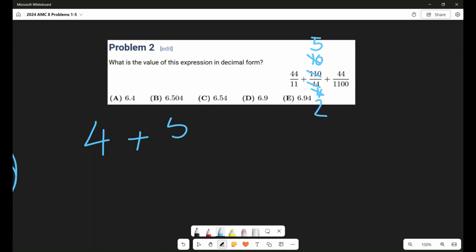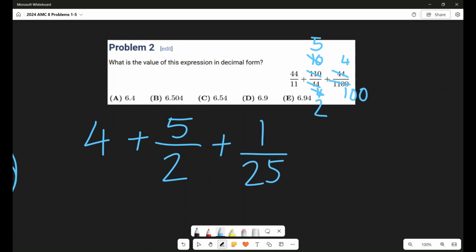So it's 4 plus 5 over 2 plus, and we want to add 44 over 1100, so we'll cancel 11 from the numerator and the denominator. And now we're left with 1 over 25, because 4 over 100 simplifies to 1 over 25.